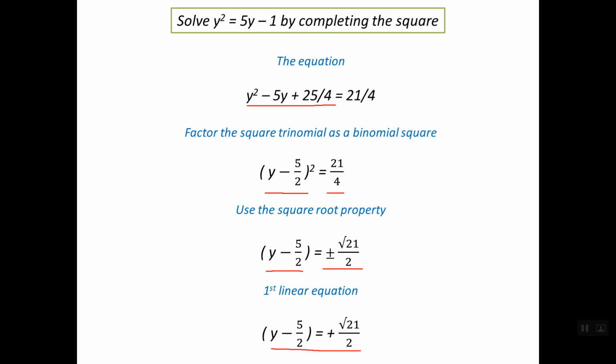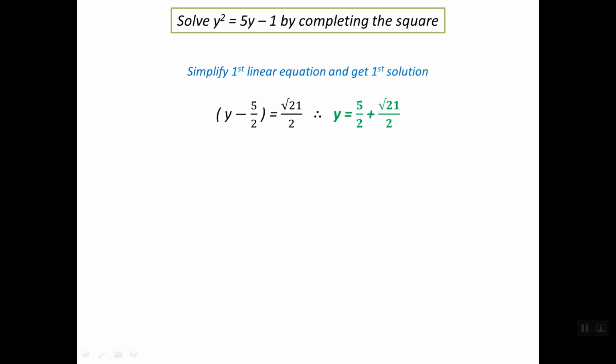We can simplify this equation by adding 5 over 2 to both sides. So if we add 5 over 2 to both sides, we get the first solution for y, which is 5 divided by 2 plus the square root of 21 divided by 2.